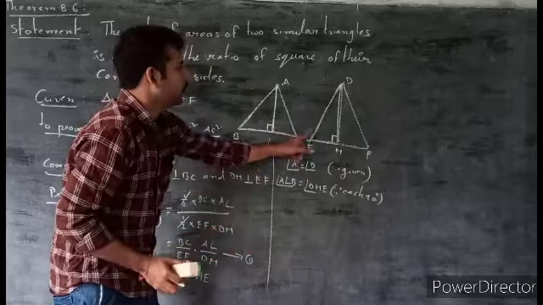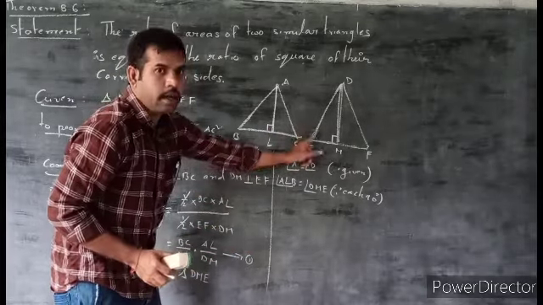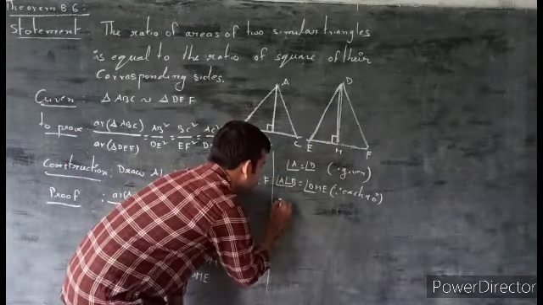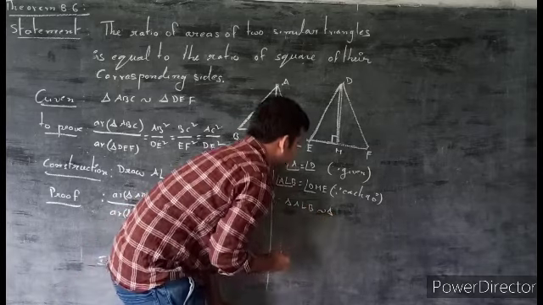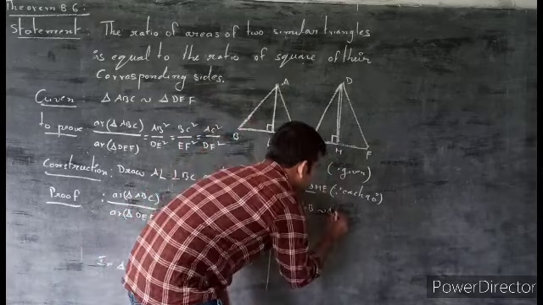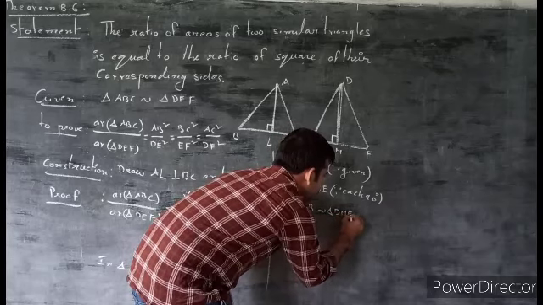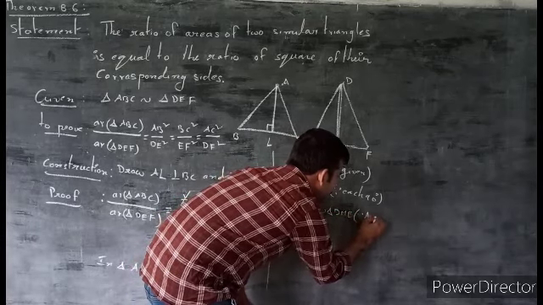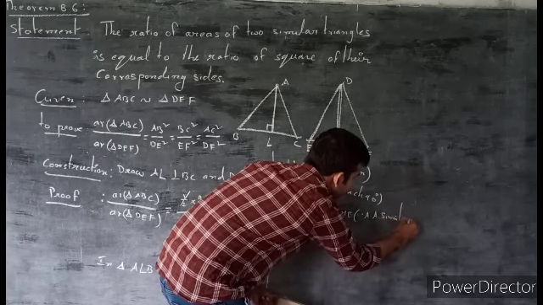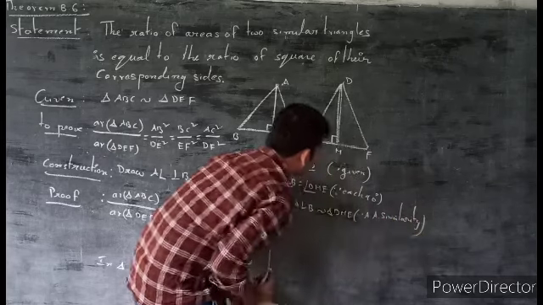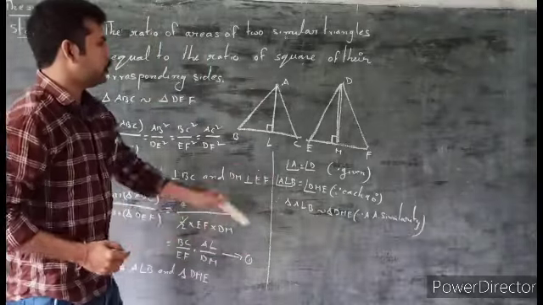So two angles are equal, therefore triangle ALB is similar to triangle DME by angle-angle similarity.